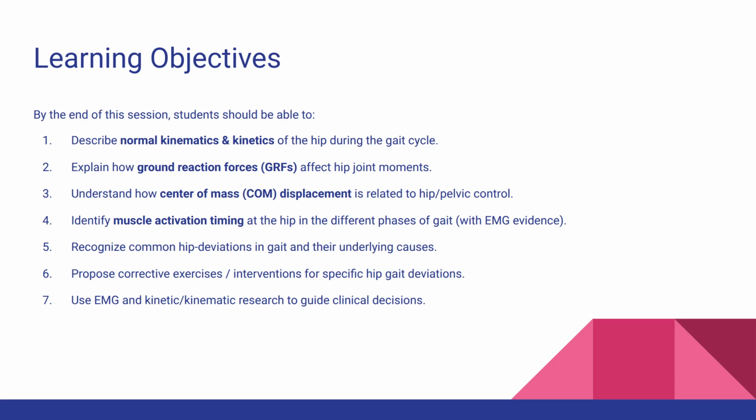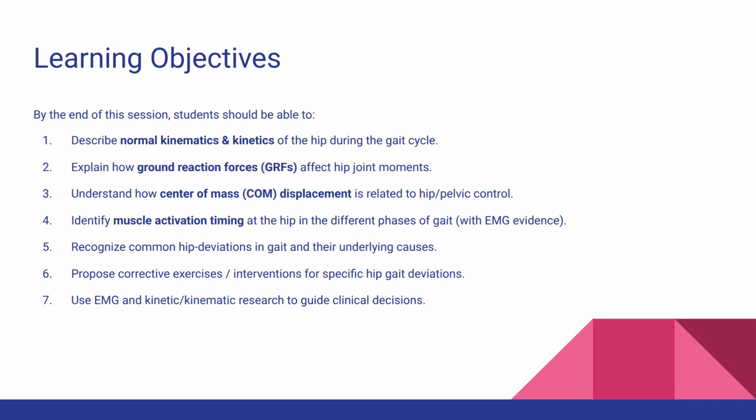Fourth, you'll identify muscle activation timing at the hip across the gait cycle using EMG evidence. While you won't have EMG in the clinic, understanding timing improves your interpretation of strength testing and movement quality. Fifth, we'll identify common hip-related gait deviations and their underlying causes.